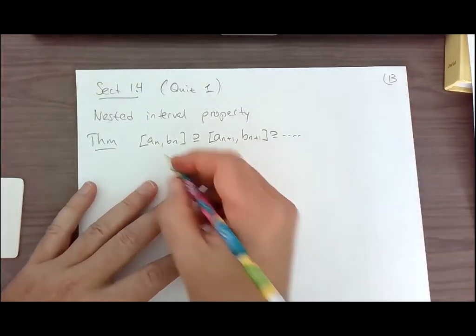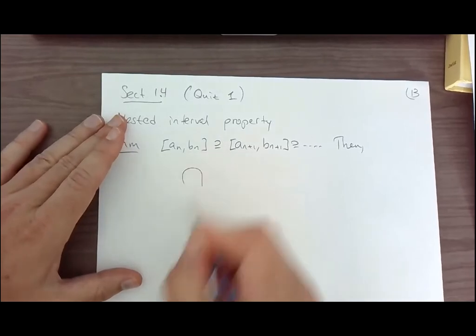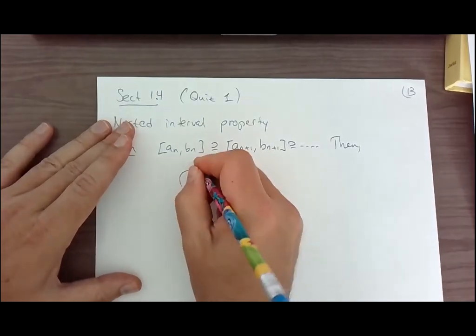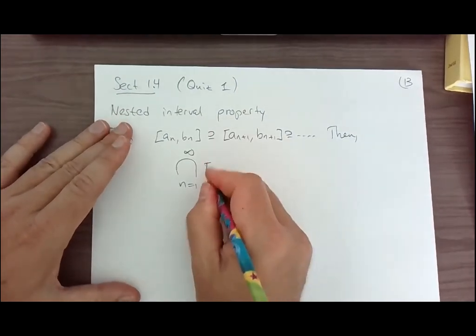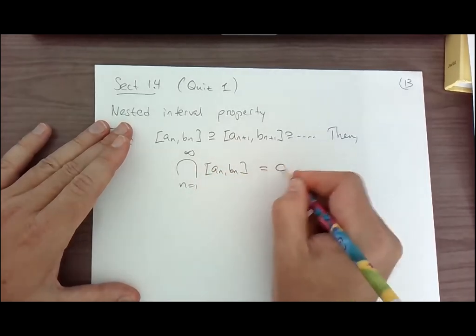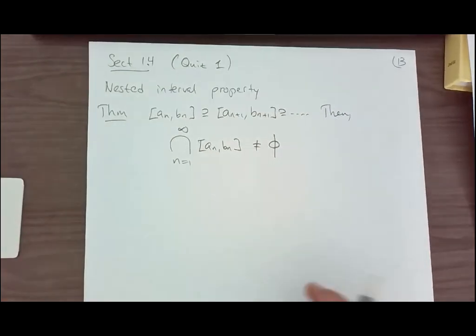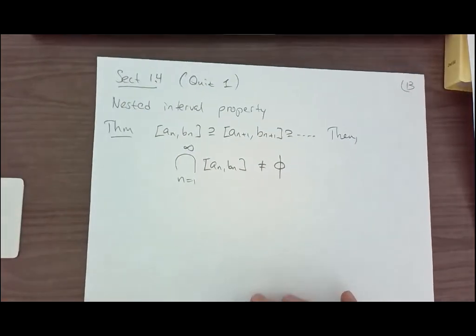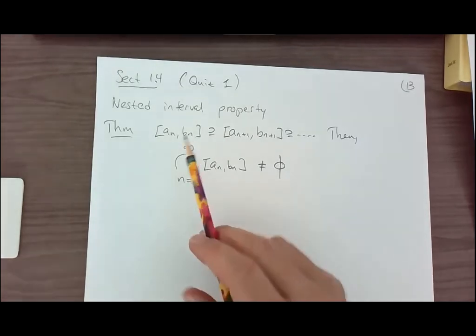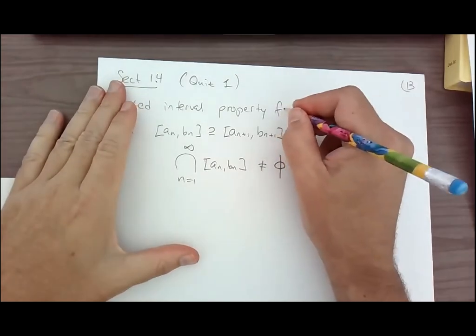And then the theorem says that when I intersect all the way out to infinity of these sets, I'm not going to get the empty set. This is the nested interval property. I take these closed intervals. So this here is for closed intervals.